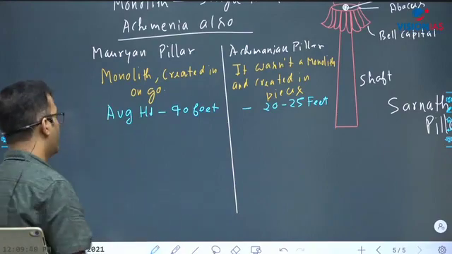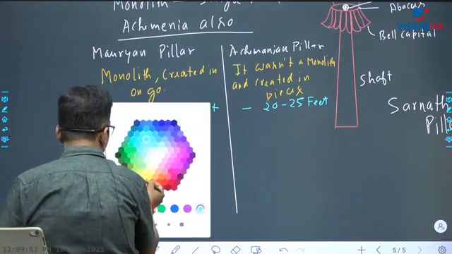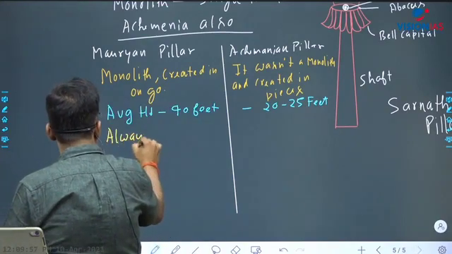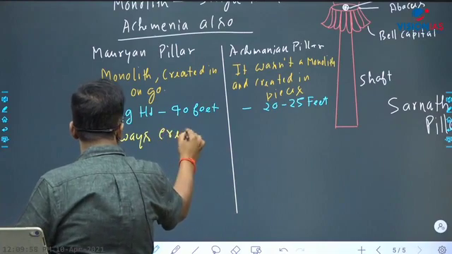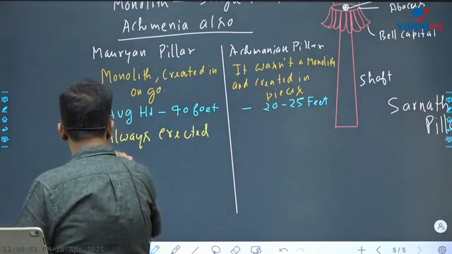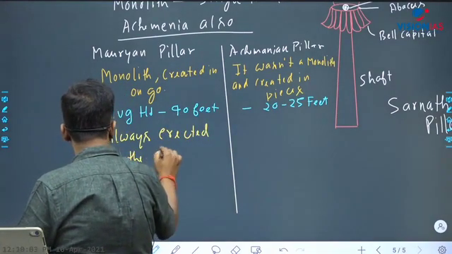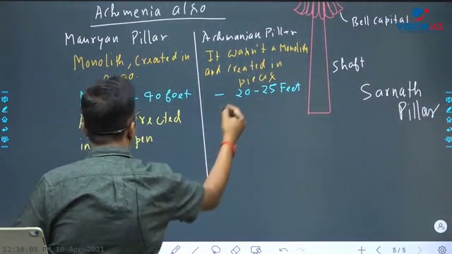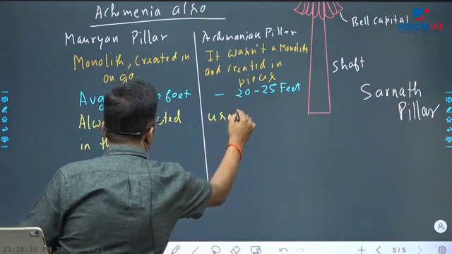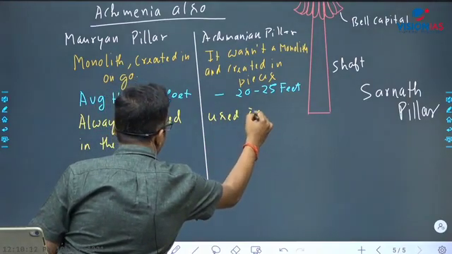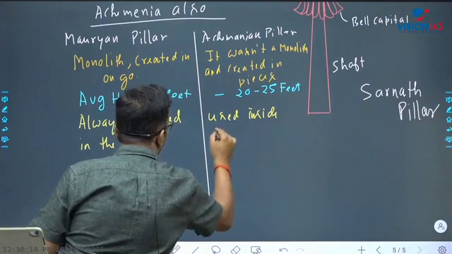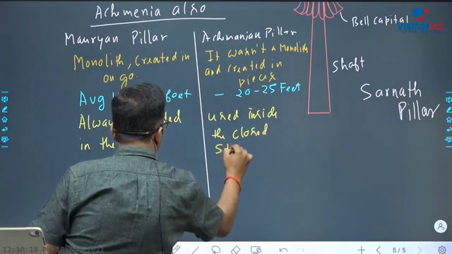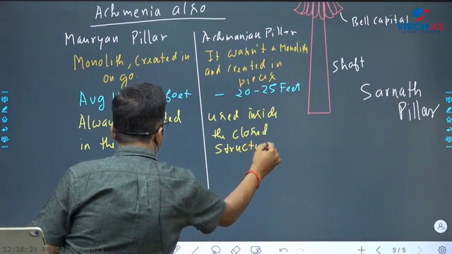So here you write, always erected in the open, and on this side you write, used inside the closed structures.